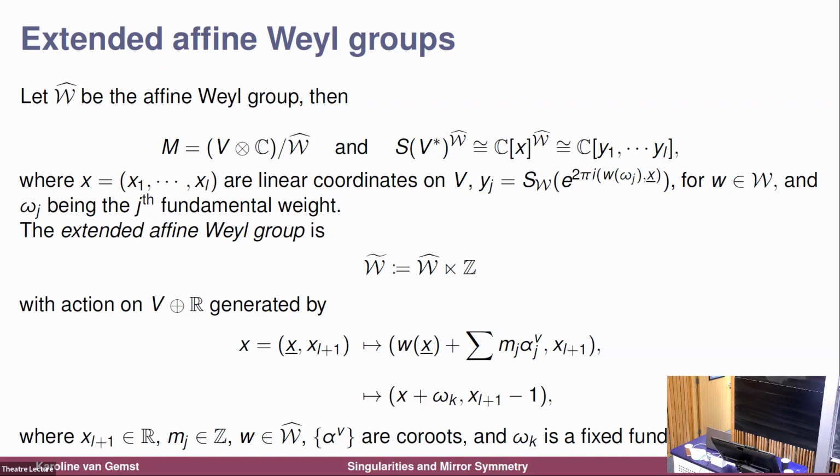And here comes an omega_k, and this k is exactly the label of the marked node that Ian was talking about. And this is a unique choice for all the Dynkin types, except for A, where you can pick any one. And for this talk, I will stick to having this choice throughout.